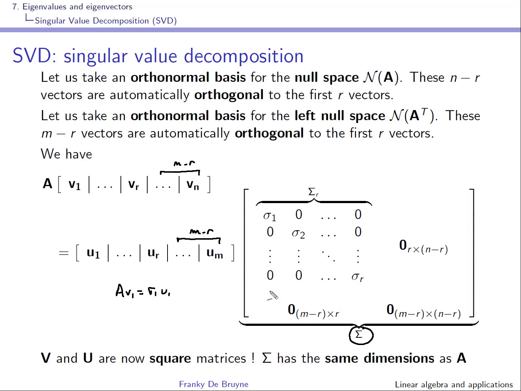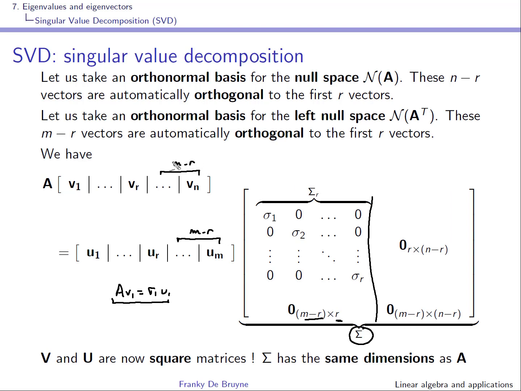And you need to add a matrix of zeros of dimension m minus r so that everything stays compatible with the width of this original matrix over here. And you can see that if you add zeros over here, this relation keeps on being true. So we have adapted the matrix sigma to account for the m minus r columns that are added over here.